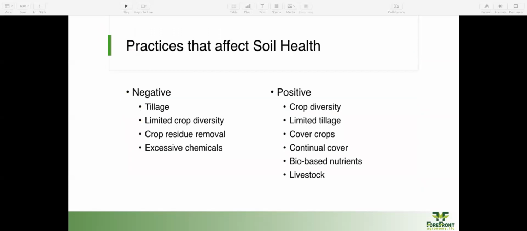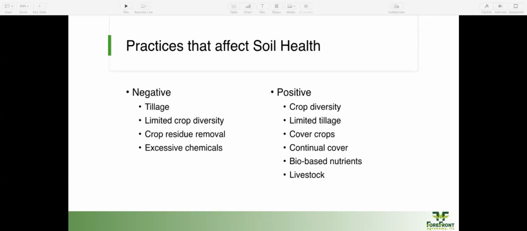Are there practices that we can use to affect our soil health as it relates to water? There are definitely two sides of the coin here. One of them, the negative, is tillage, having limited crop diversity and rotations, excessive crop removal, and applying excessive chemicals.